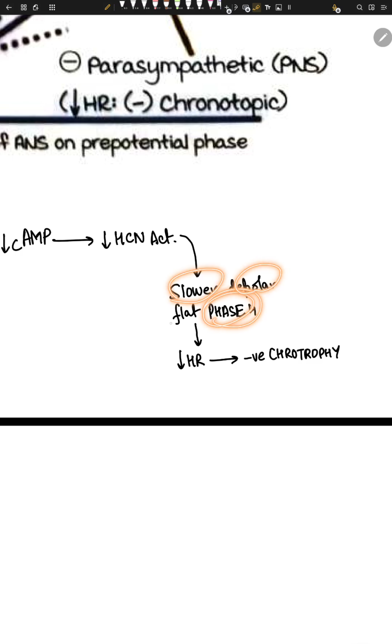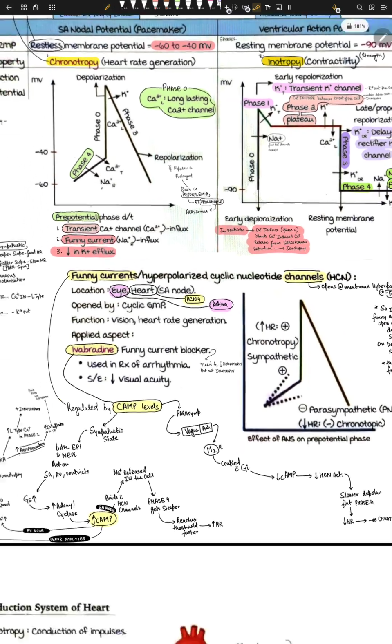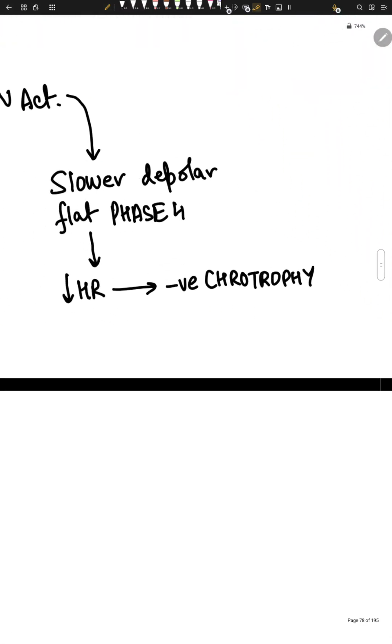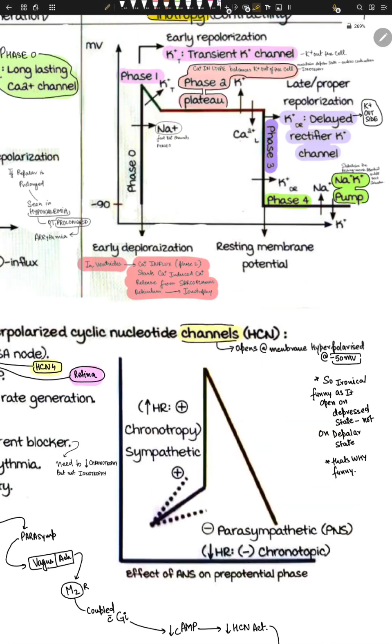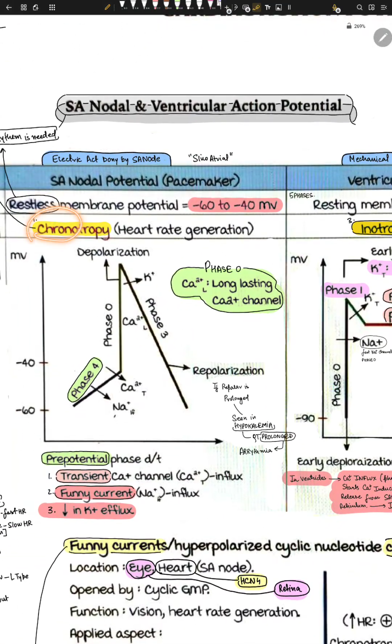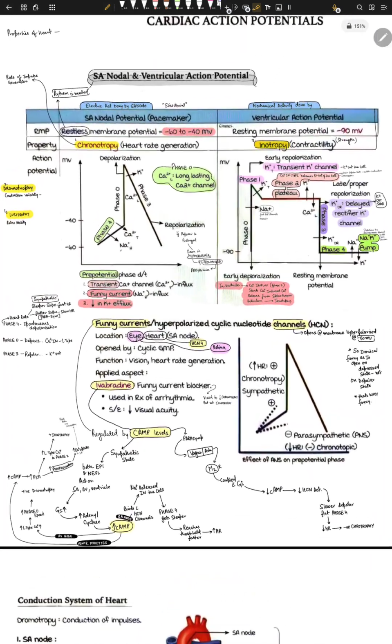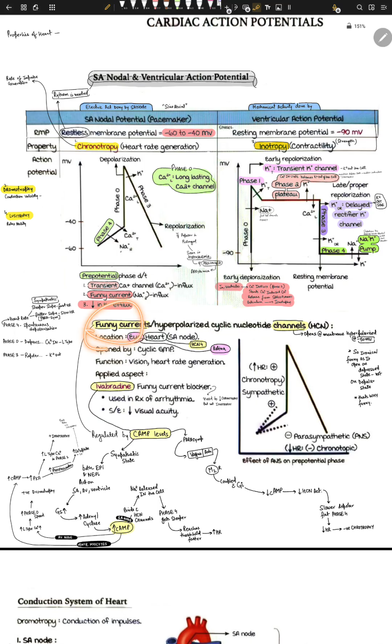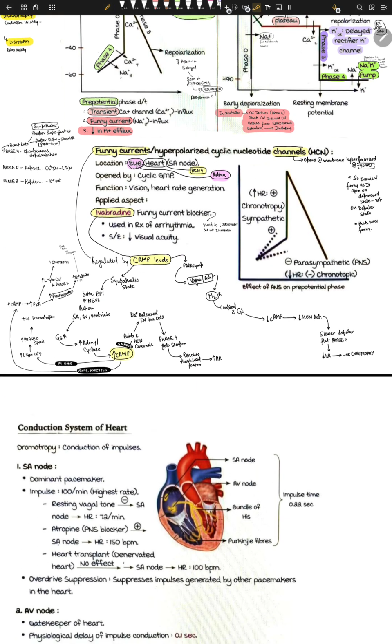There is slower depolarization, flat, so decreased heart rate, negative chronotropy. What I have written here, it's chronotropy. Okay, so that was funny currents, sympathetic and parasympathetic. I hope I'm able to explain this graph easily, and this is very easy to understand. So that was the whole thing.